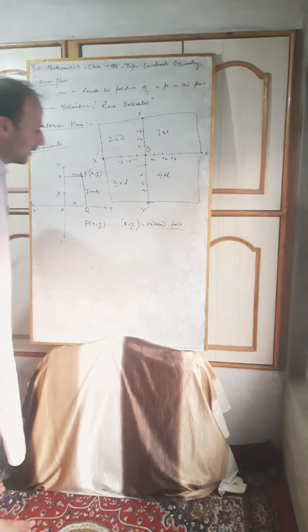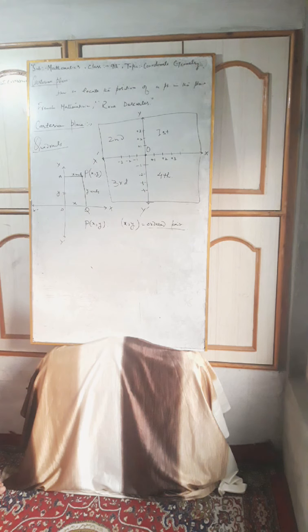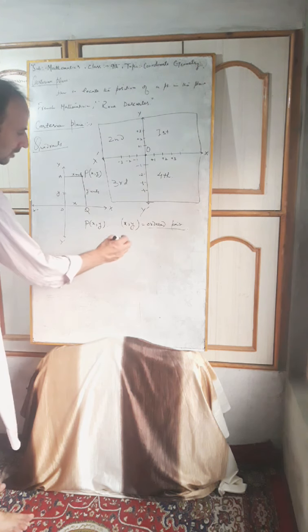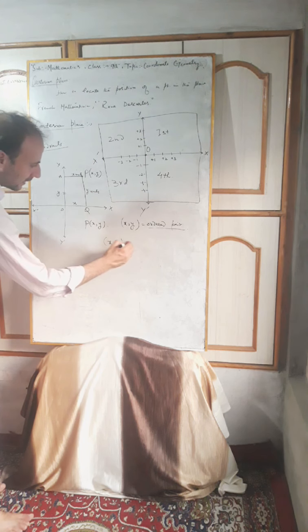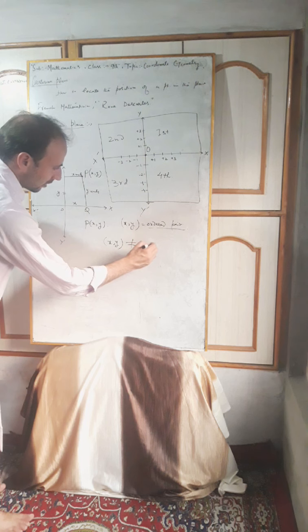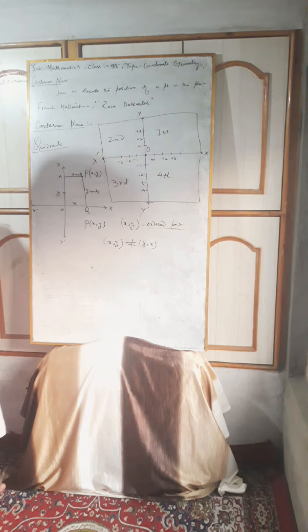What is an ordered pair? A pair of objects listed in a specific order is called an ordered pair. Here you should bear one thing in mind: x comma y is never equal to y comma x, because what is important here is the position.